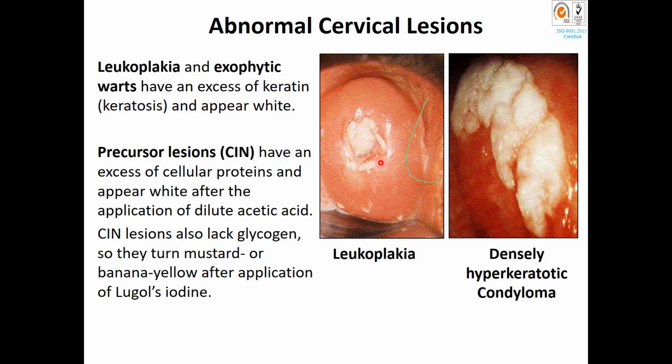And when you have abnormal cells, they usually do not have glycogen. And when they don't have glycogen, previously we used to apply povidone iodine. That is when we used to do VILI, that is visual inspection with Lugol's iodine. That is why they used to turn banana yellow in those days. But currently, we are just using acetic acid for screening.